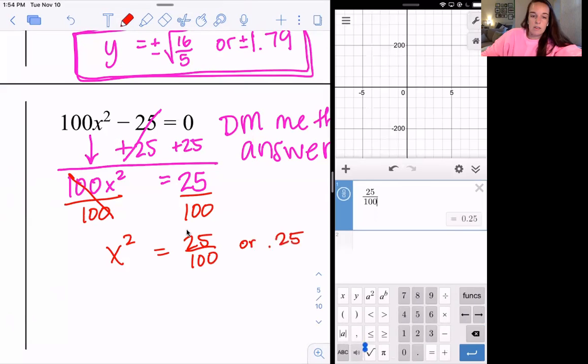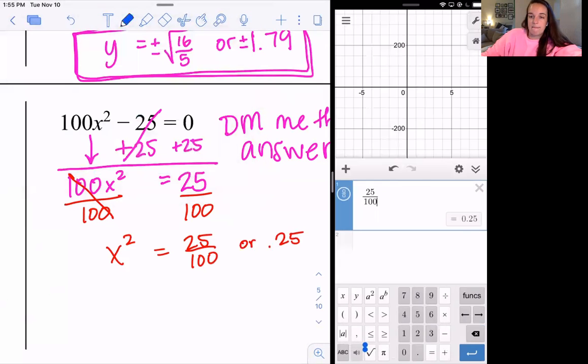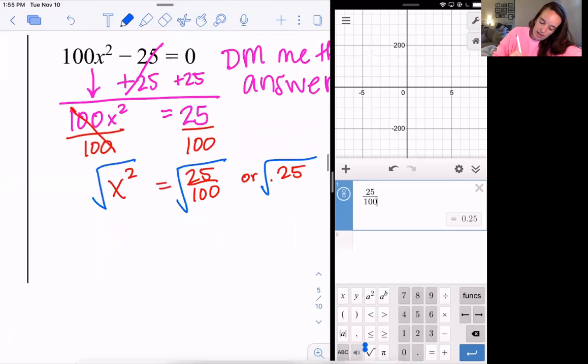All right. And now, what do I need to do in order to get rid of the square? Square root. Square root like this. Oh, my pen died. Oh, there we go.